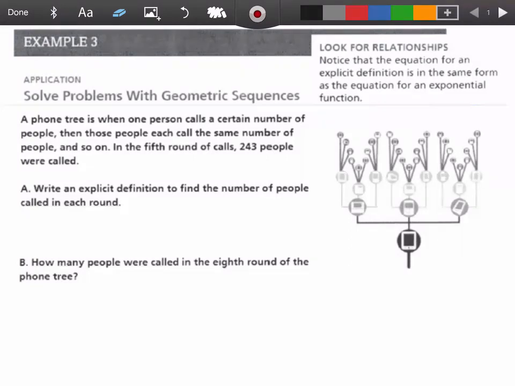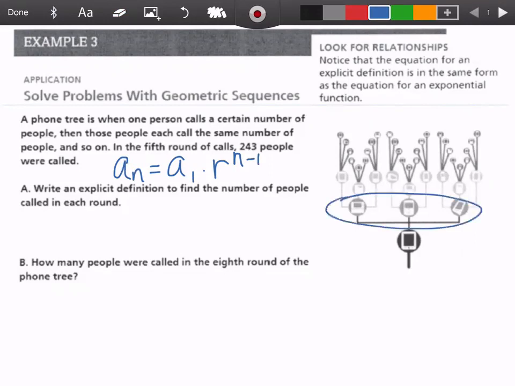So first, let's talk about the explicit definition of a sequence. We take a sub n, and it's equal to the first term times the common ratio raised to the n minus 1 power. Looking at this picture on the right, we see that the first term is equal to 3.